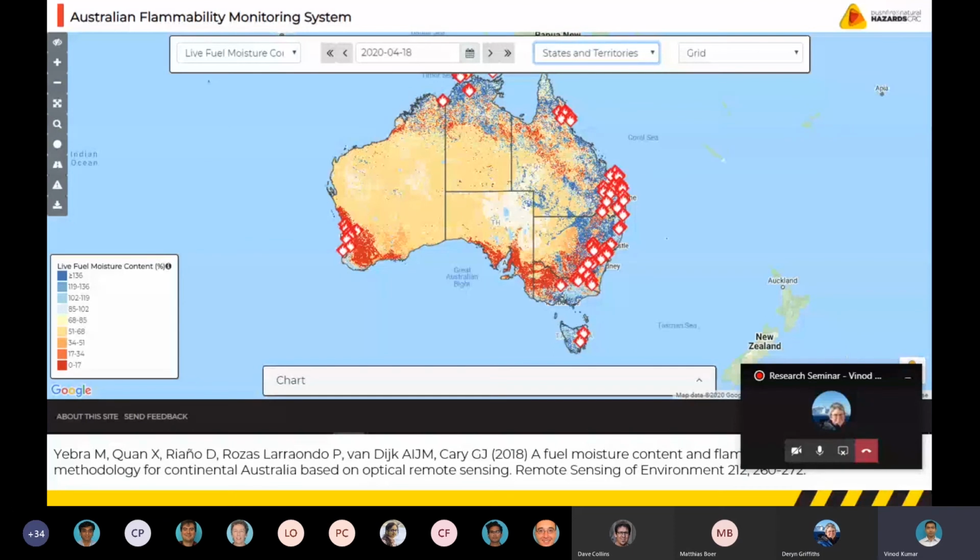Live fuel moisture content is the amount of water. The way it is traditionally calculated is they weigh the sample before and after drying, and it's basically a ratio of your weight before and after drying.